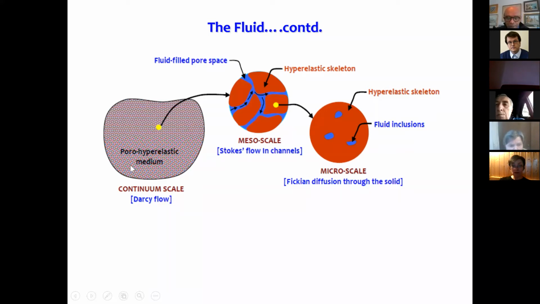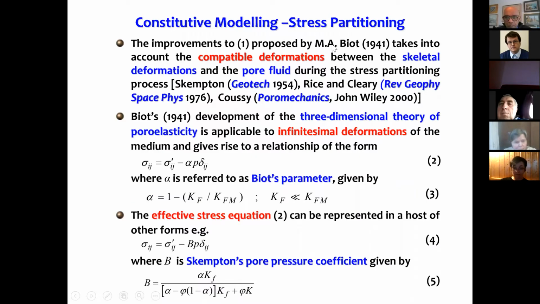Then it can vary in space, and the variations in space can give rise to hydraulic gradients, which can make the fluid flow. So improvements to the basic modeling were proposed by Maurice Biot. He was the Belgian scientist, and also other people as well.